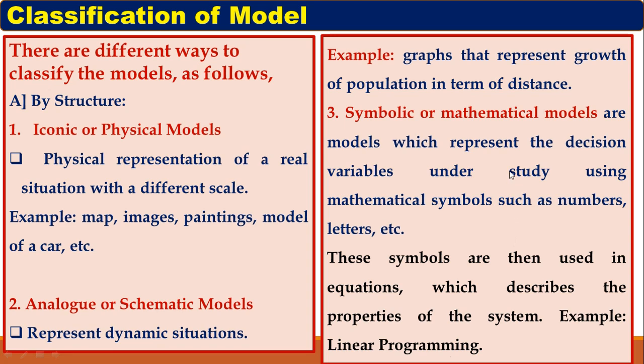The decision variables can be represented as numbers or letters, used in the equations, and by solving these equations we can find the value of the decision variable, which can be provided to executive management for taking decisions.